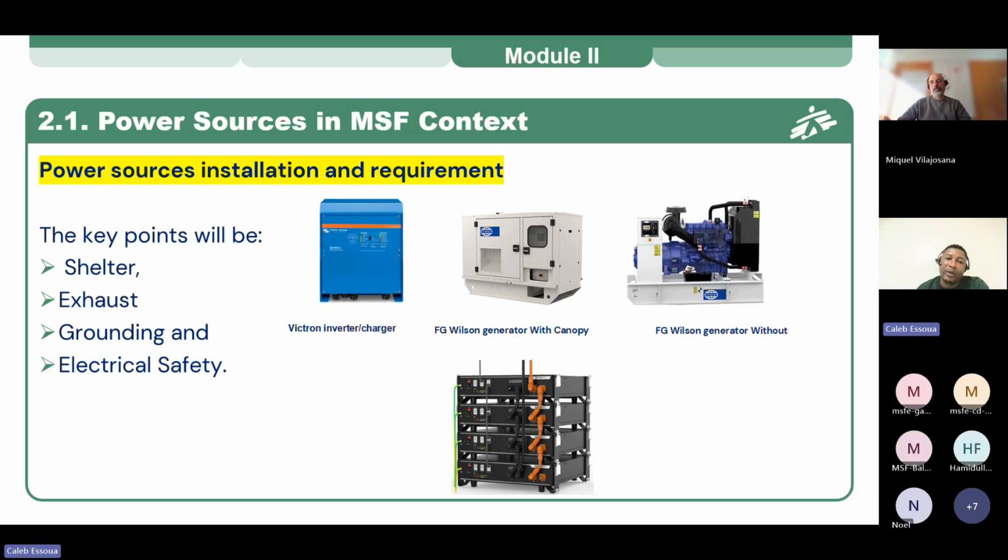Inside the room, you have to open the window from one side and open the other one so that the generator can take the intake air and extract the hot air, so that you do not have hot air in the generator room. And this kind of generator, you put it a little bit far from where you are, so that the noise cannot disturb you. That's why we always advise to not buy this kind of generator, but to buy this one to reduce the noise.